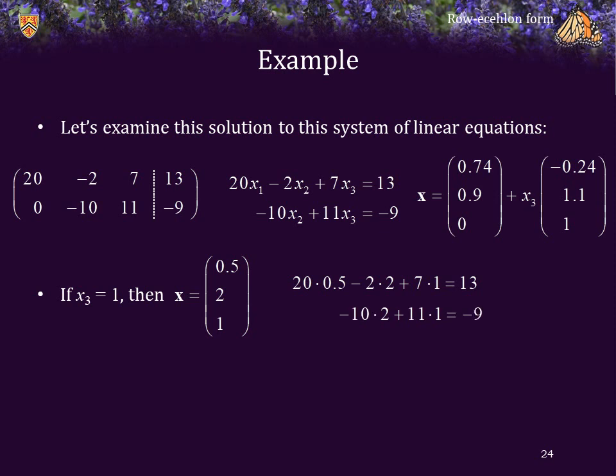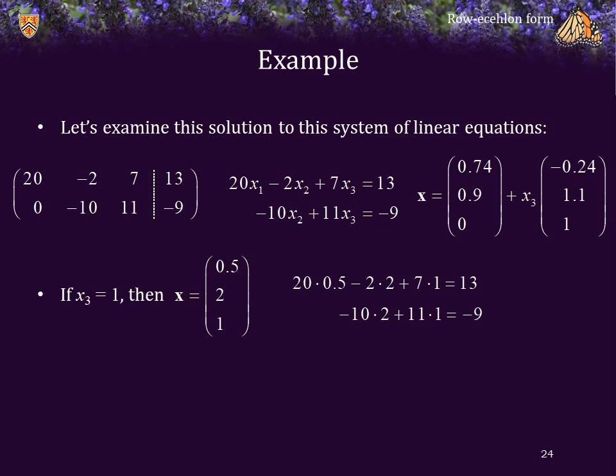If we substitute those values into the second equation, we get negative 10 times 2 plus 11 times 1, which is negative 20 plus 11, which is negative 9. So when the free variable x3 is equal to 1, the solution vector does indeed satisfy this system of linear equations.